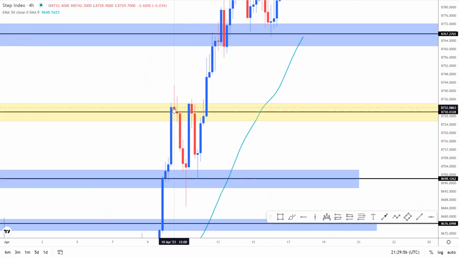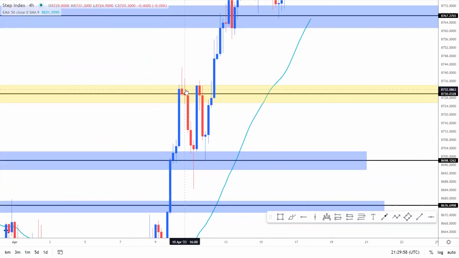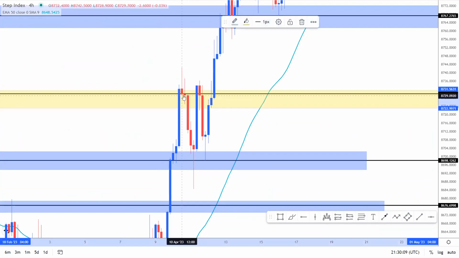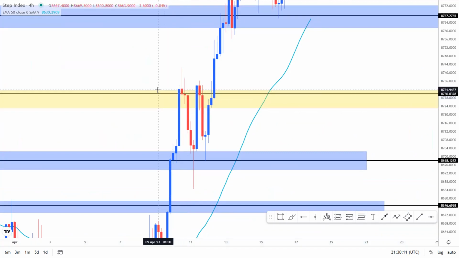And now this is that bounce off from the level we had seen from the daily time frame, where we had daily rejection candlesticks. This is price merely reacting off of the level.